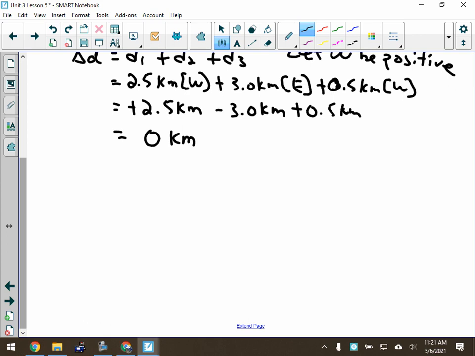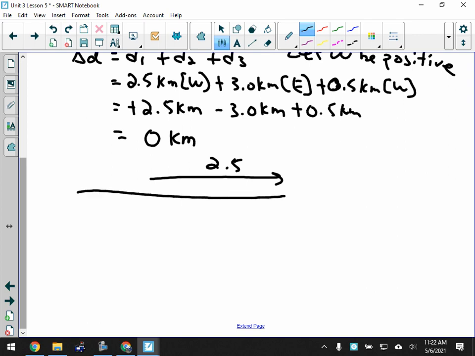The reason is, technically, if you went 2.5 kilometers and then back 3 kilometers and then back 0.5, so you do all this stuff. Let's see, which way is west here? So 2.5 this way, and then I went 3 kilometers this way, and then I come back to here, 0.5 kilometers.